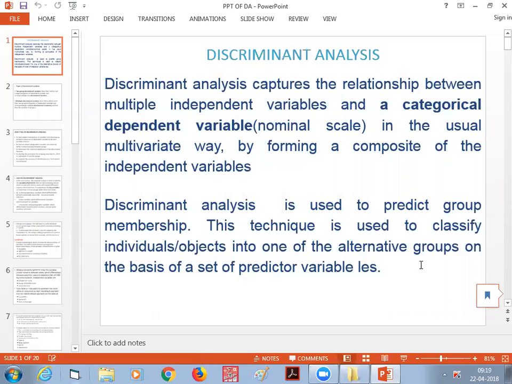For what purpose can we use this discriminant model? The discriminant model can be used for classification, that means to find a group membership of an object or an individual.